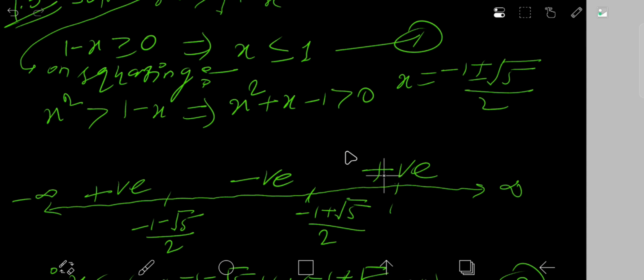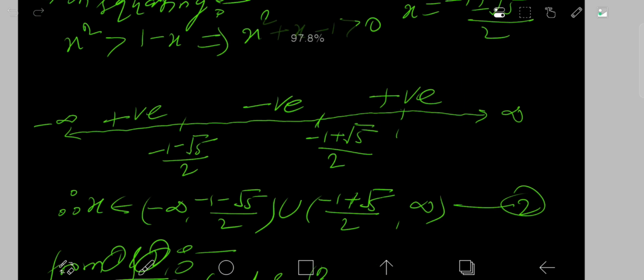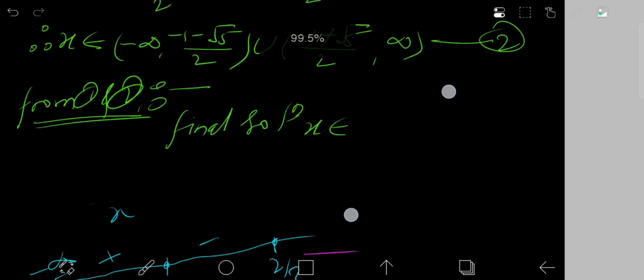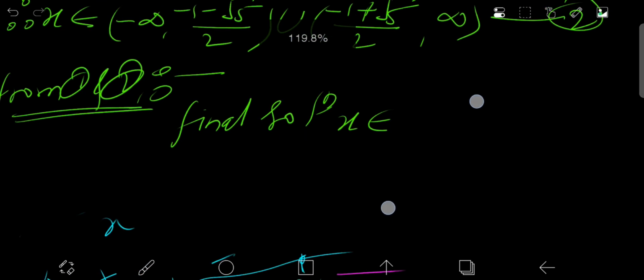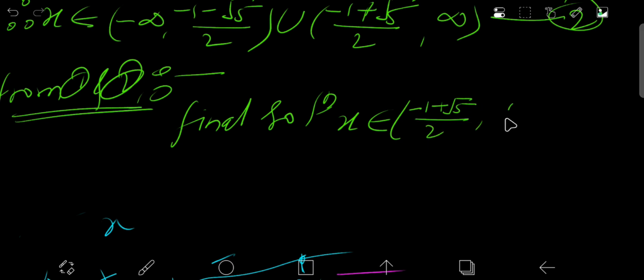So from 1 and 2 the final solution is: this side open interval, minus 1 plus square root 5 divided by 2, and this side closed interval at 1 because x is less than or equal to 1. So this is my correct answer.